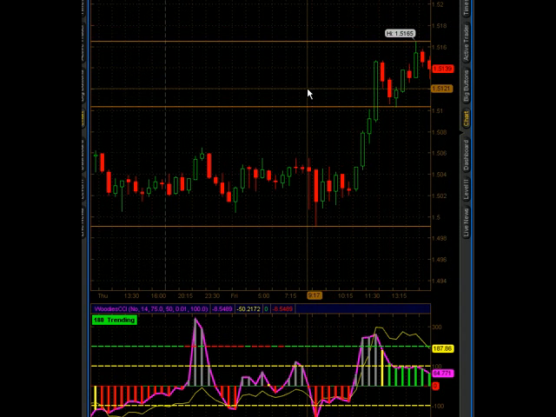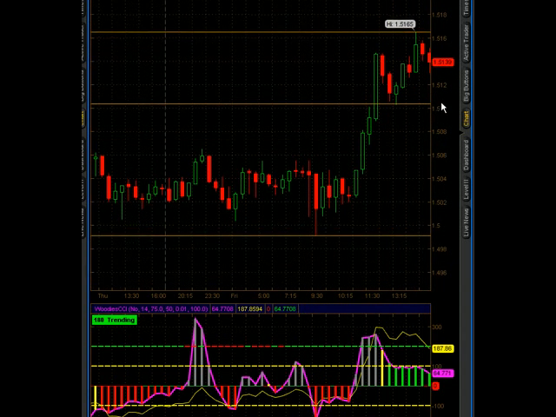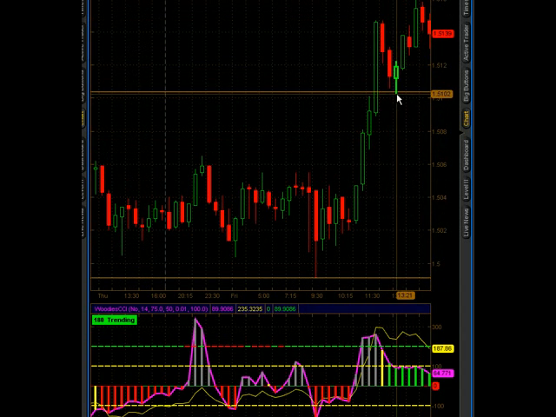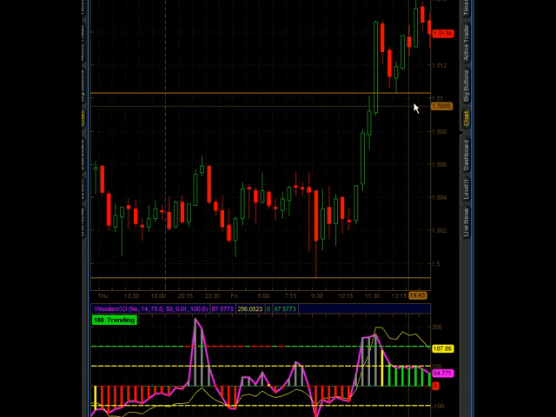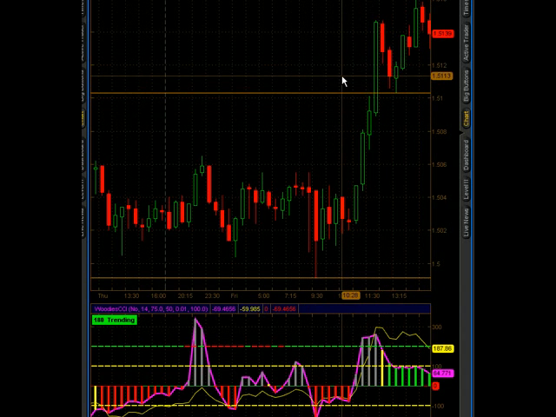But that level where price came back down and tested there, I'm just going to keep an eye on that area there, because price may react when it gets to that level sometime in the future.